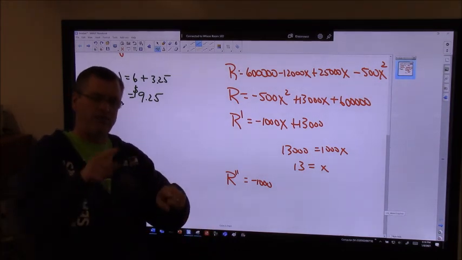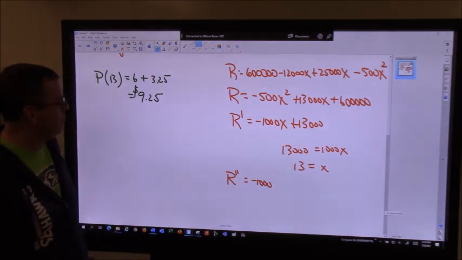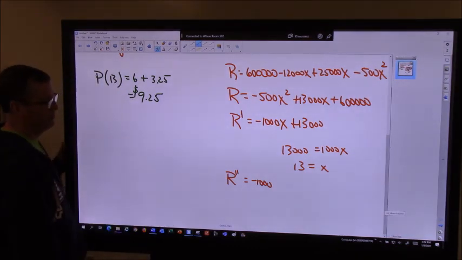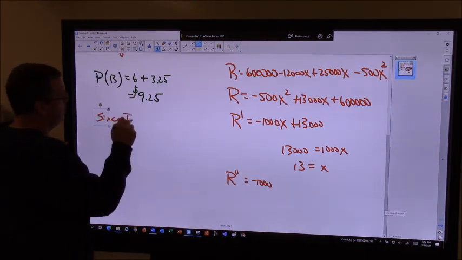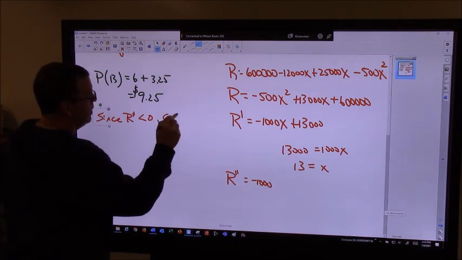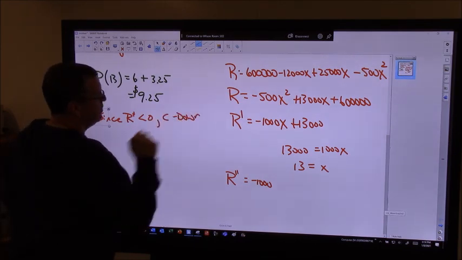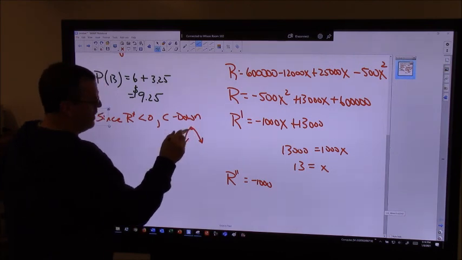So if it's concave down, then that verifies that that has to be a maximum right here. So I could say, since R double prime is less than 0, we are concave down. Concave down means our graph looks like this, so therefore that has to be a maximum.